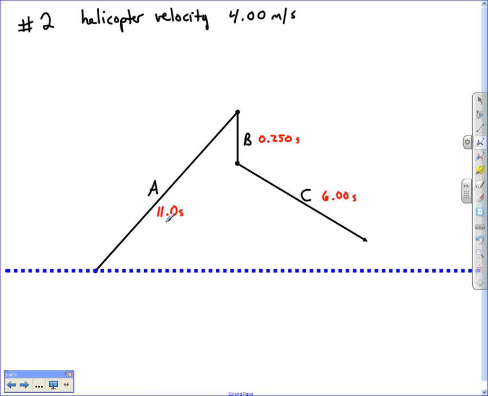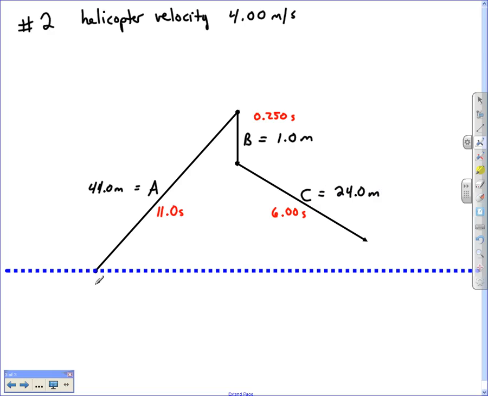If you travel at 4 meters per second for 11 seconds, you're traveling 44 meters. If you travel for 0.25 seconds, you're going to travel a distance of 1.0 meter. And at C, if you're traveling at a velocity of 4 meters per second for 6 seconds, I'm going to move these out of the way a little bit, you're going to travel a total distance of 24 meters.